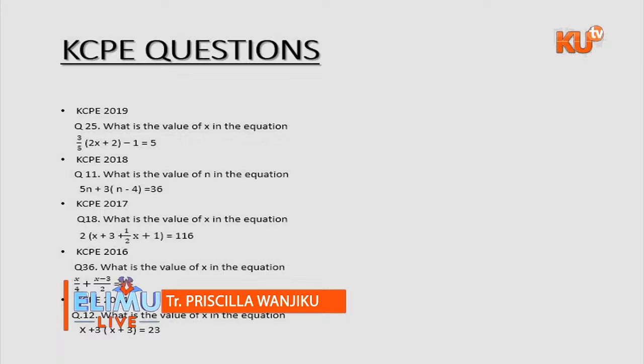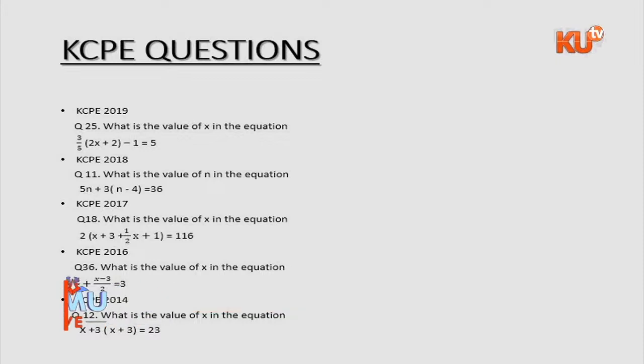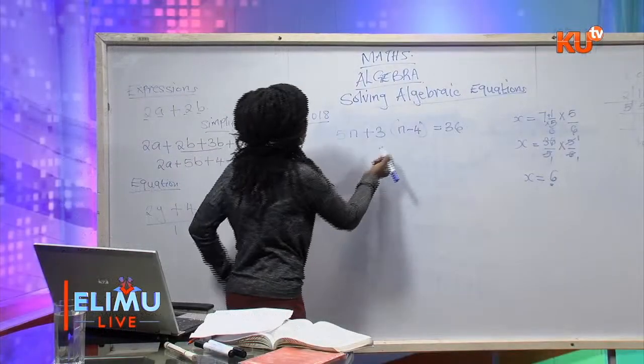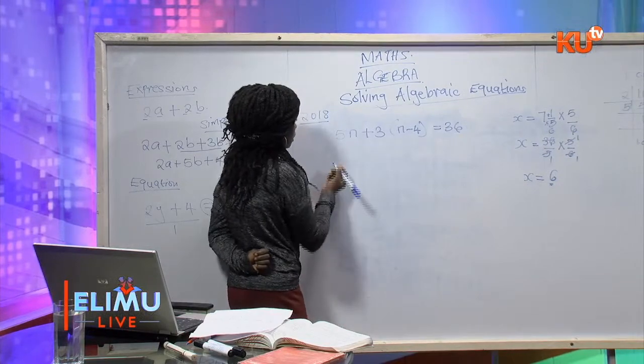So this was year 2018, question number 11. 5n plus 3 bracket n minus 4 is equal to 36. So we are looking for the value of n. You can see we have a bracket inside here, so we have to open it up first.